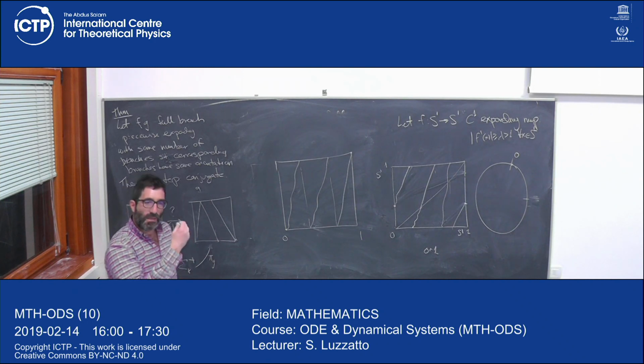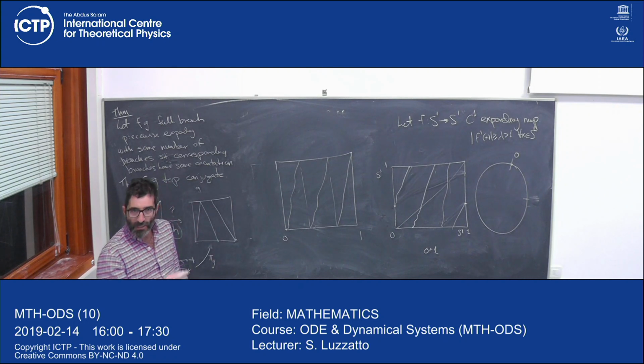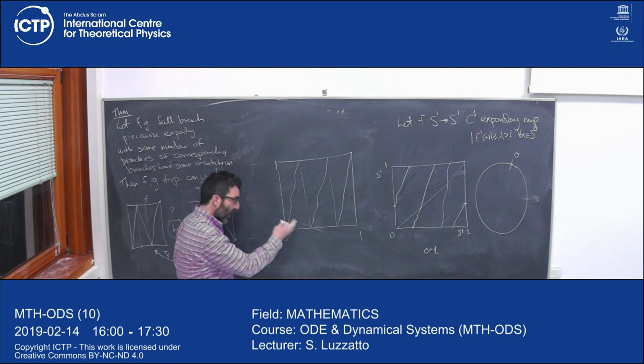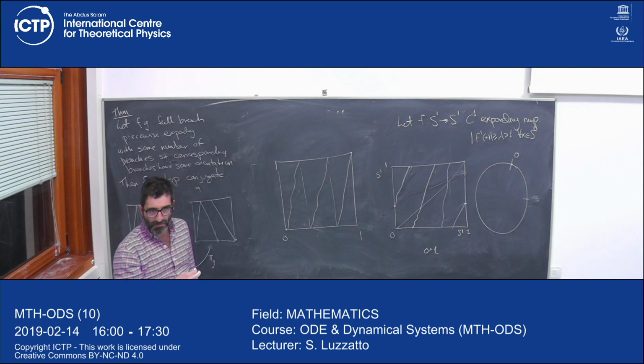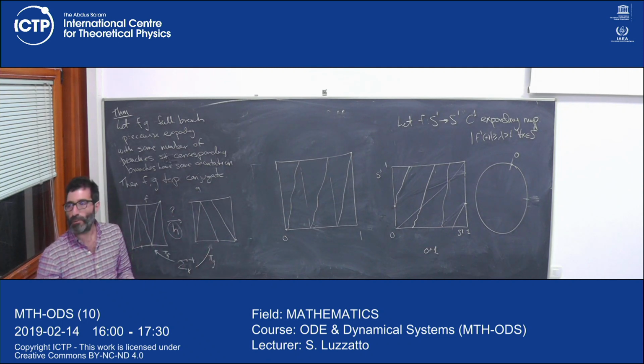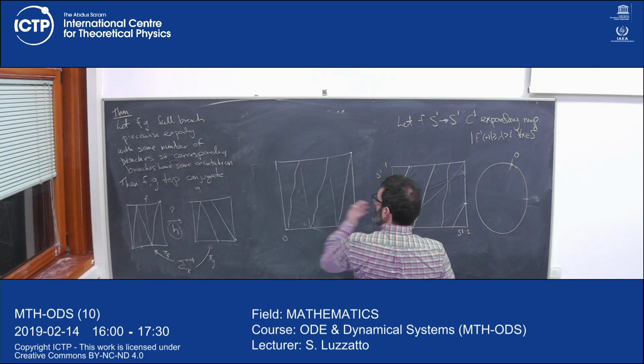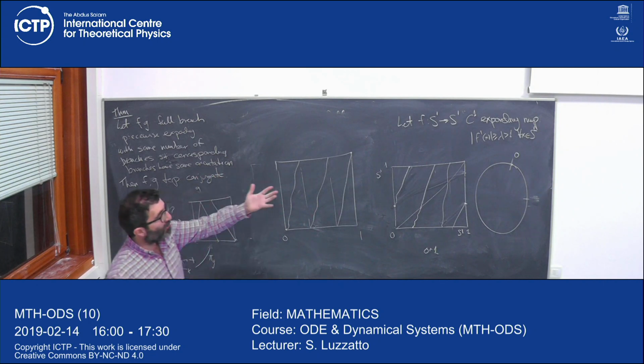So every C1 expanding map of the circle is a full branch piecewise expanding map of it. It has this structure necessarily, for topological reasons. So what does this theorem imply?